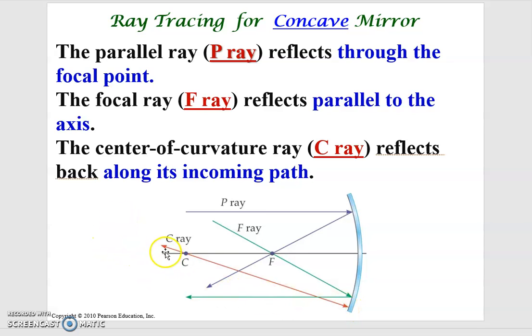Or I should say parallel to the original direction, but in the opposite direction. So for example, if you have light passing through C, the center of curvature, and hitting the mirror, the reflected light will also travel in the same line, in the opposite direction. So these are 3 different rays which can help us to draw the image. I will give you more information.